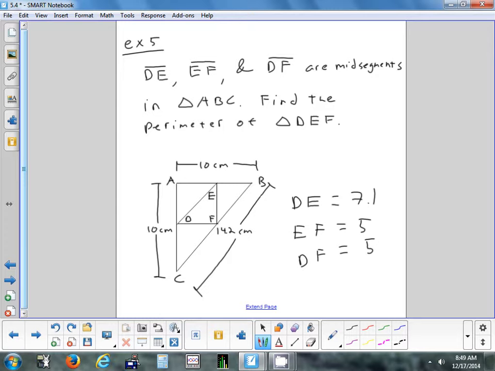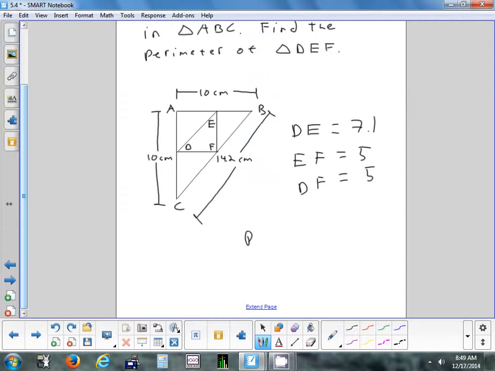Based on that, what kind of triangle is DEF? We don't have to know that here, but it is on the midterm. It's isosceles. Yep. So what's the perimeter of triangle DEF?